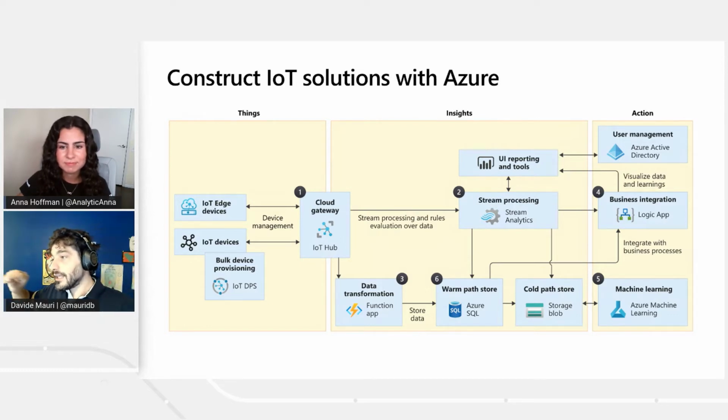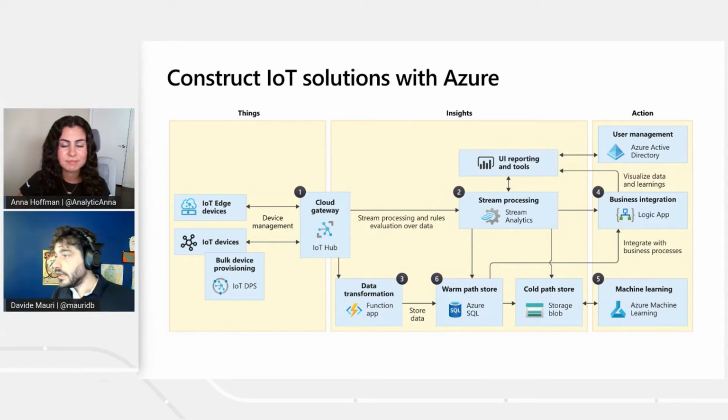And so following the stream processing path, we can, for example, feed a UI, a report or a Power BI dashboard, or we can even monitor what's happening and raise some alert or execute some action. For example, you can connect it to Logic App so that if something is out of the range you want it to be, some value like a temperature, you can notify someone.